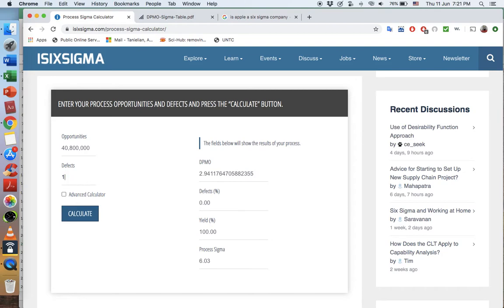Well, there you go. 100. All right, so if they sold 40 million, if they're 6 sigma, then they've got roughly 100, 120. I doubt they even have 150. Nope, not even 150 errors or defective phones that just don't work from day one among those 40 million.